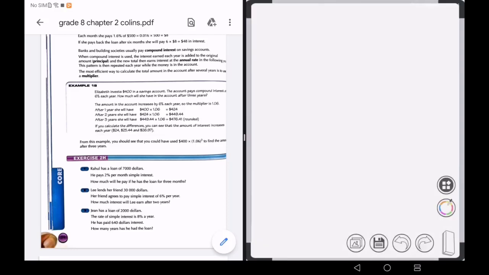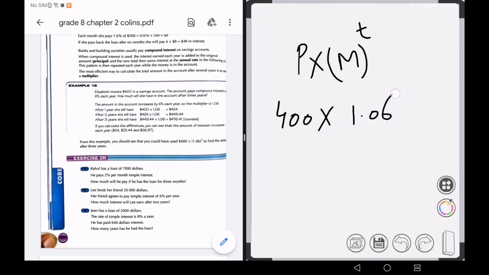Principal amount multiplied by the multiplier in compound interest to the power of the time. So here the principal amount is 400 and the multiplier is 1.06 and the time is 3 years.